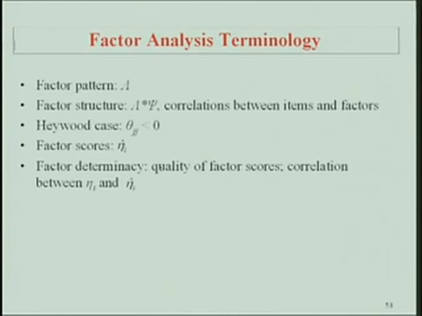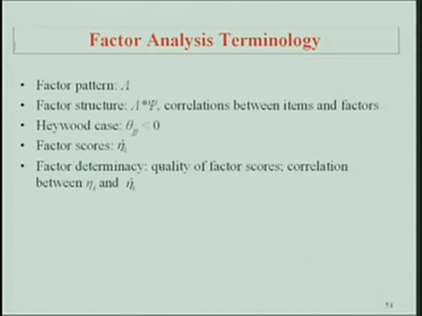Factor analysis terminology. Lambda is also given the term factor pattern in the psychometric literature, which is different from factor structure. Factor structure is Lambda times Psi, which, if you look at the formulas, describes the correlations or covariances between the items, the factor indicators, and the factors.